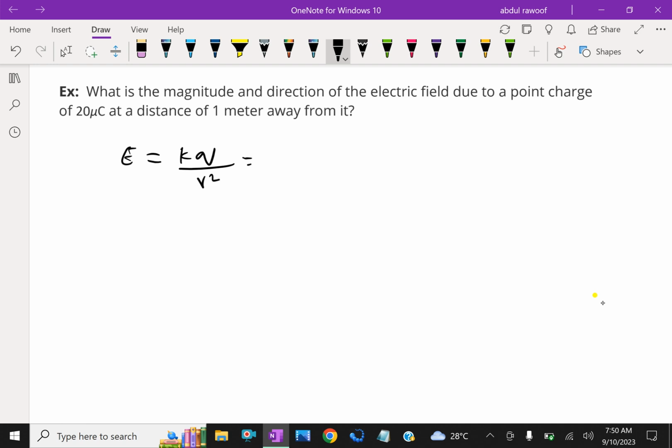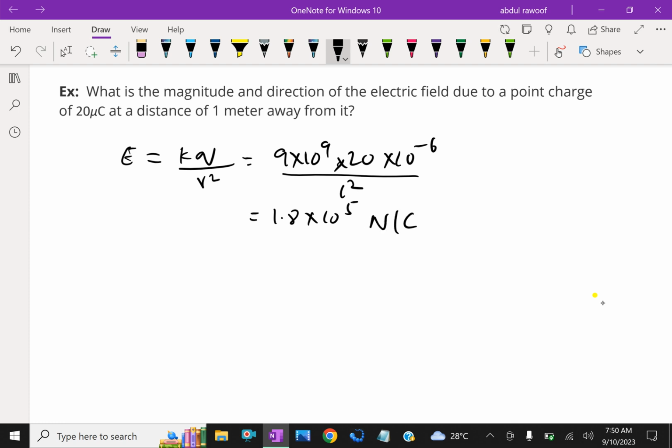We know the K value is approximately 9 into 10 power 9, into Q equal to 20 micro, 10 power minus 6, over the distance, which is 1 meter, which gives 1.8 into 10 power 5 Newton per coulomb. Magnitude we found is 1.8 into 10 power 5 Newton per coulomb electric field.